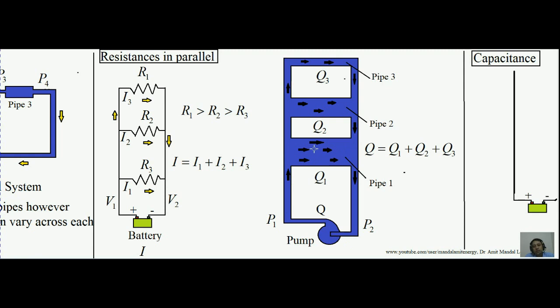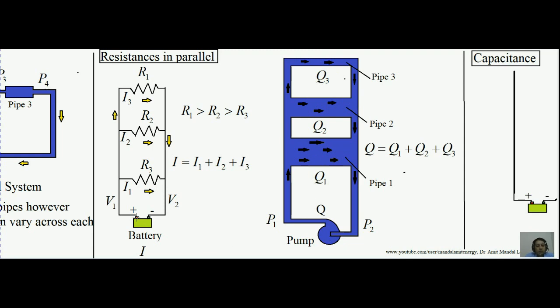So through this thick pipe it is 2 liter per second, through this medium diameter pipe suppose it is 1.5 liter per second, and through this pipe it will be 0.5 liter per second, because 0.5 plus 1.5 plus 2 gives 4. So it may be that the flow rate is different through all the pipes, but the combination will be equal to the ultimate flow rate this pump is delivering.